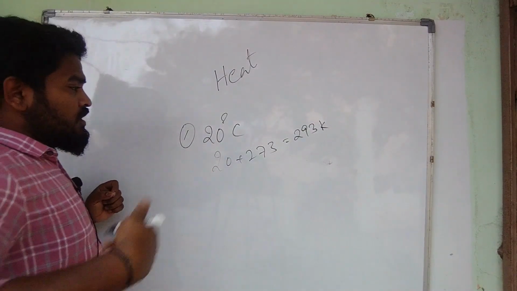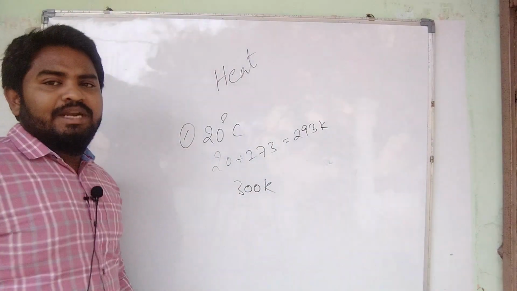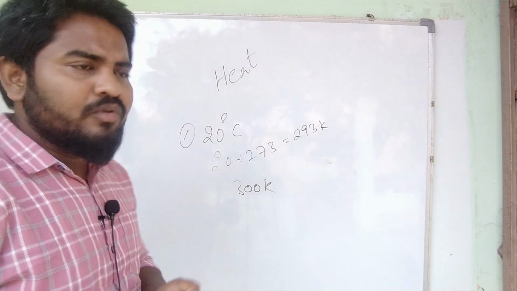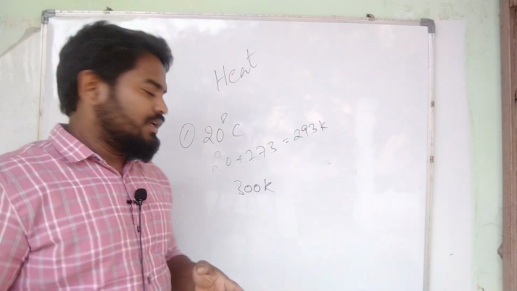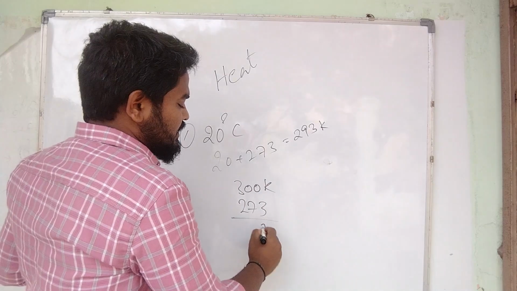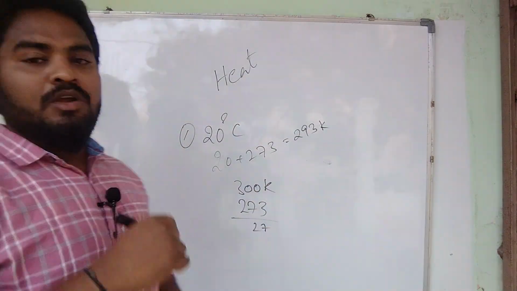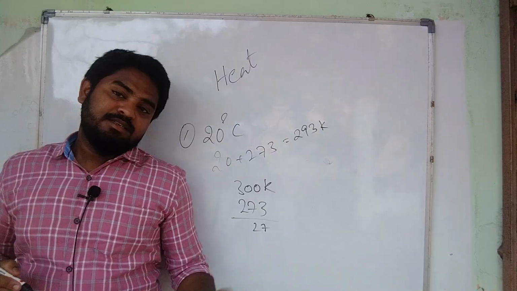For example, they will ask you to convert 300 kelvins into degree Celsius. Then you have to subtract 273. If you subtract 273 from 300, you get 27 degrees Celsius.